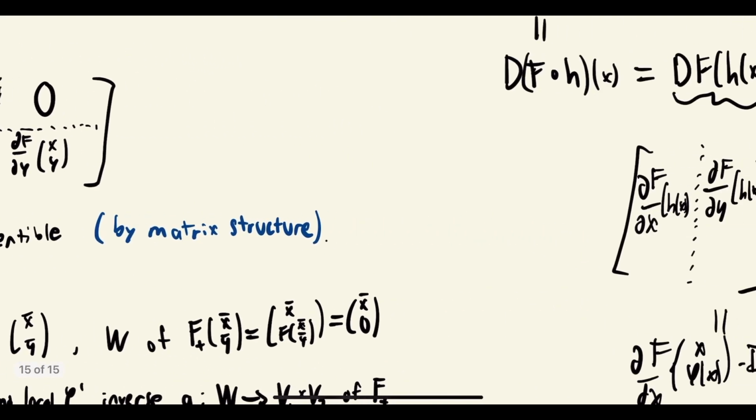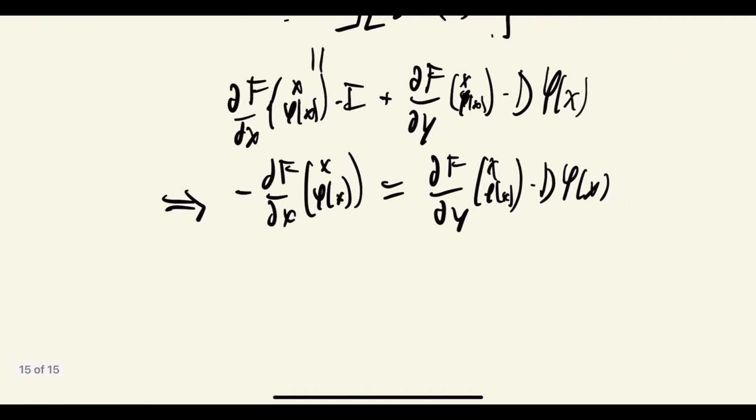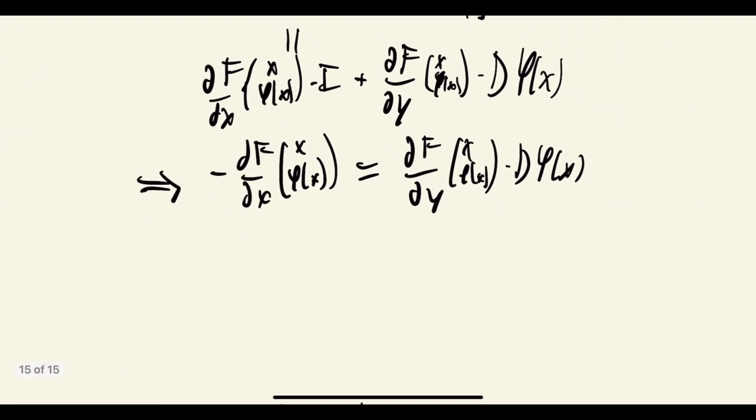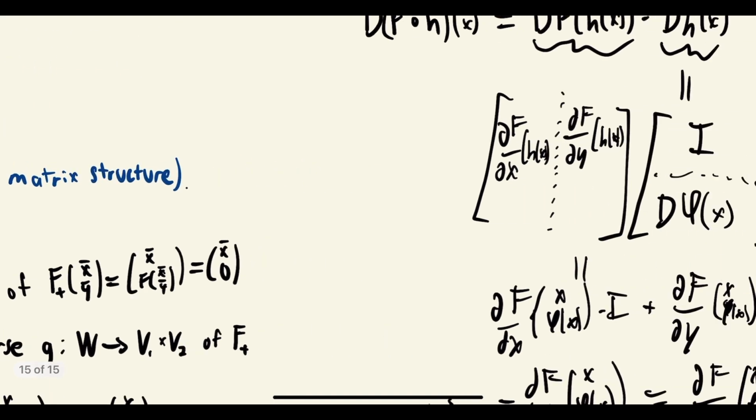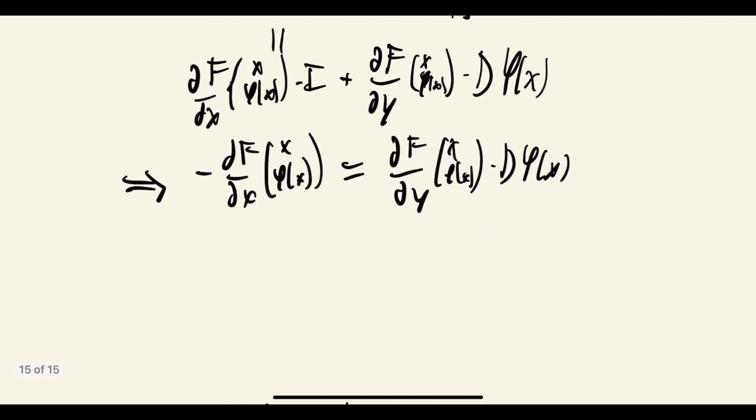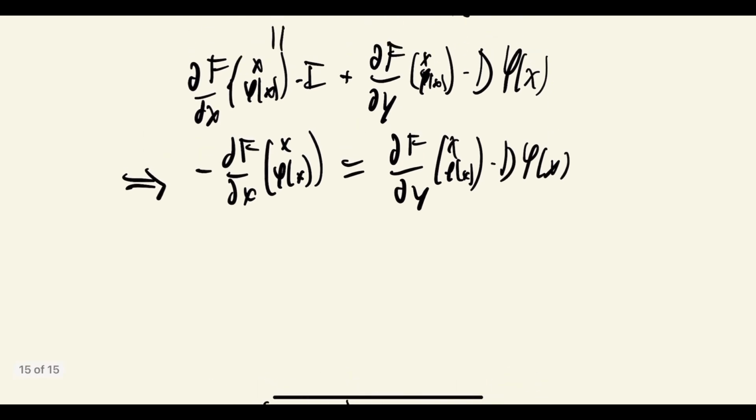And the phi of x function is, by definition, going to be inside that local region for us, and hence this part here, which appears over here, is invertible. So it does make sense then to multiply by the inverse of that matrix.